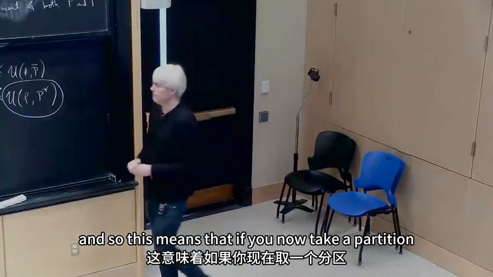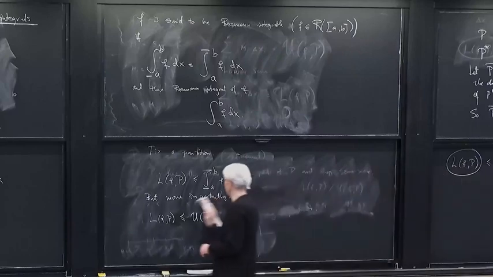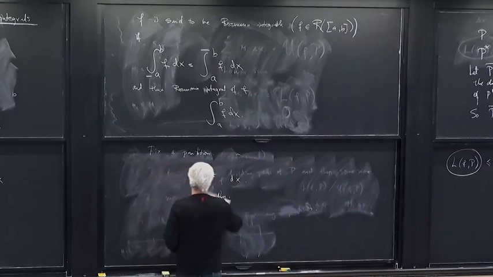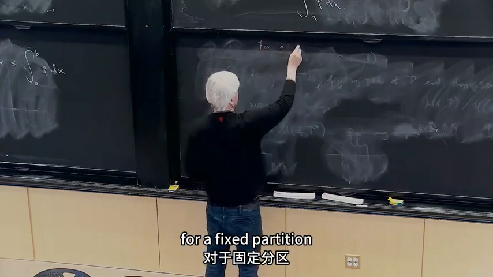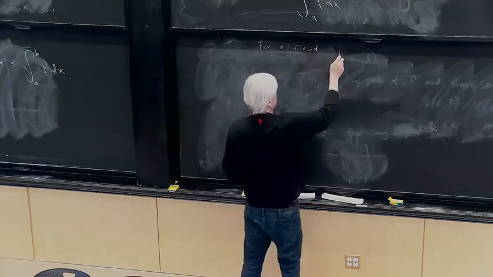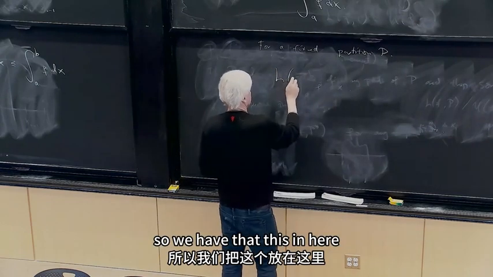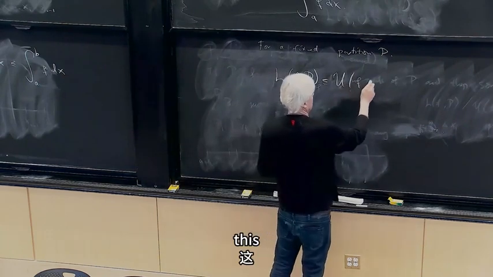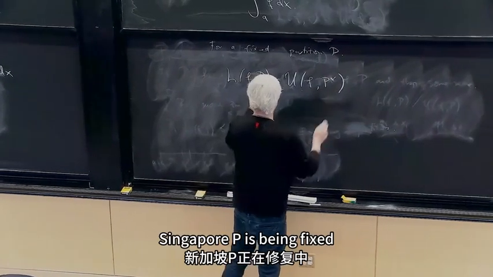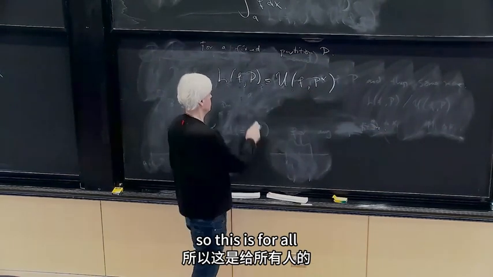And so this means that for a fixed partition P, we have that this thing here is less or equal to this. Think about P as being fixed, but this is now for all partitions P star.